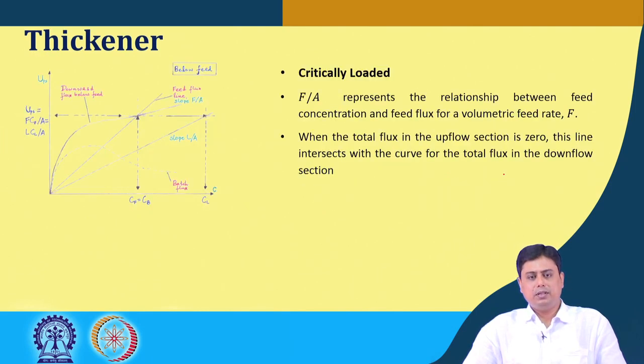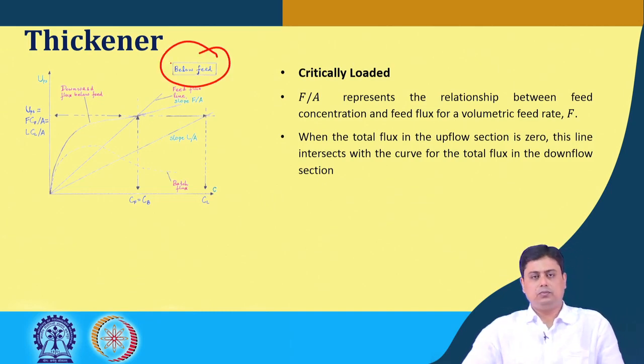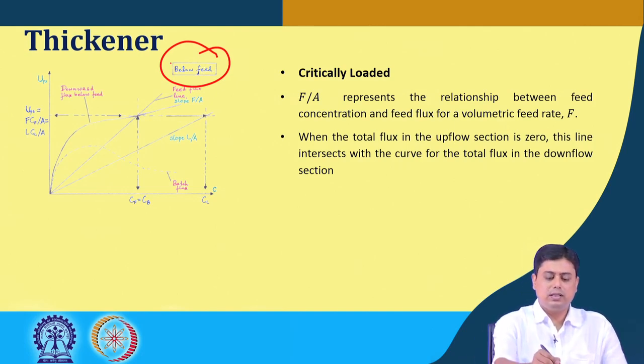Now, how does that happen? Say we have the below feed section, which is of immediate importance. The particles are settling in that zone. So, this is the below feed.